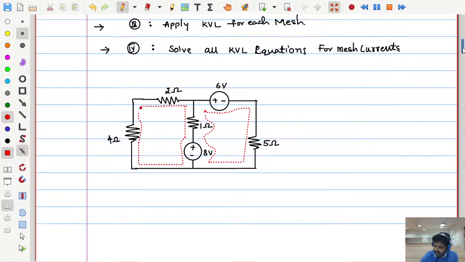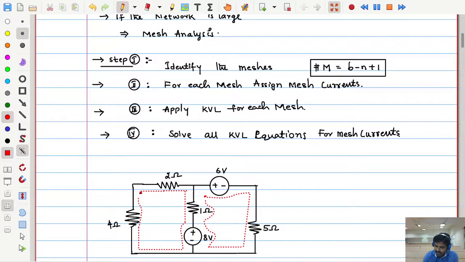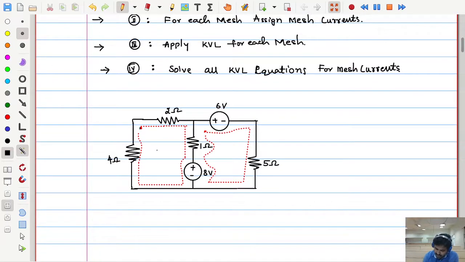Once we identify the meshes, next, in the second step, we name each mesh: this is mesh 1, this is mesh 2. A mesh is nothing but almost a loop, a closed path. Wherever we started, we need to reach there. That is what a mesh is. But we should not jump over these elements.